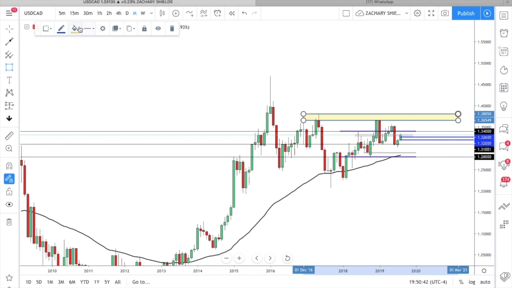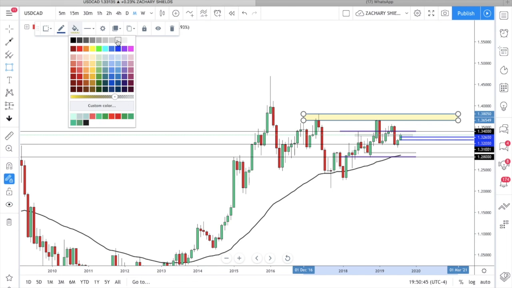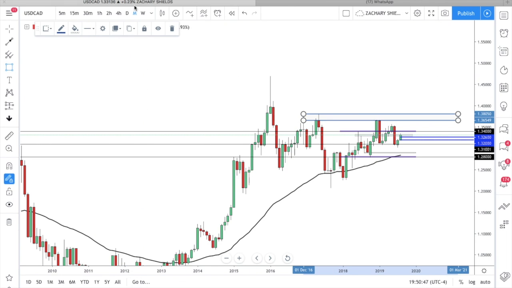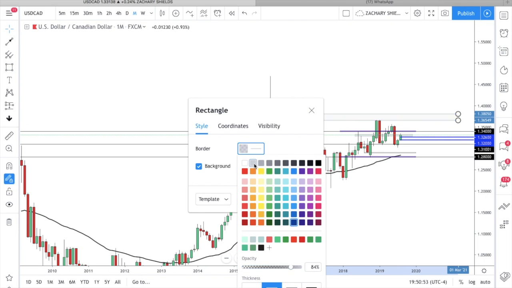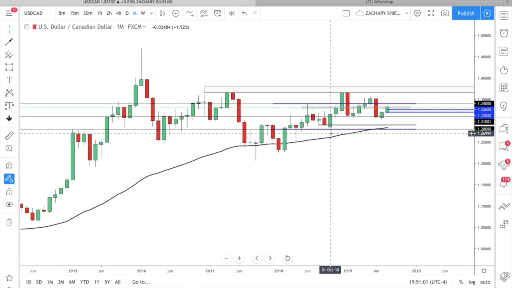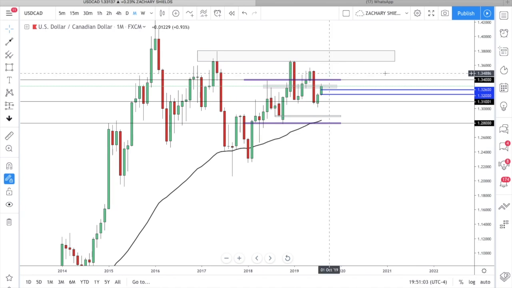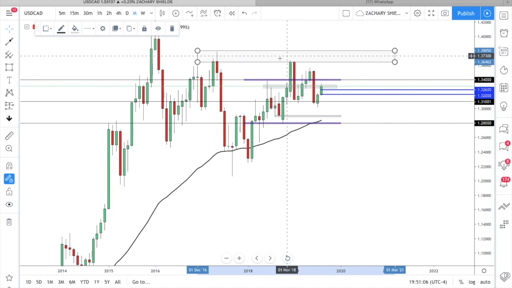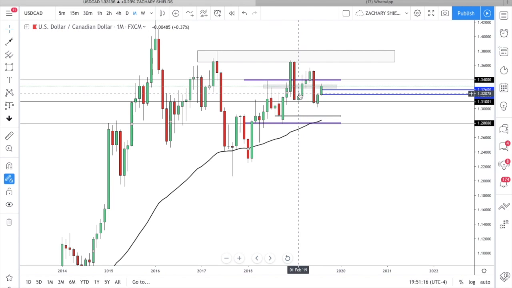So if we just look there on the monthly, we can definitely see that the price came back up into this region of supply and has rejected strongly with a monthly bearish engulfing candlestick formation, followed by a slight retrace to the upside, which took 4 months.